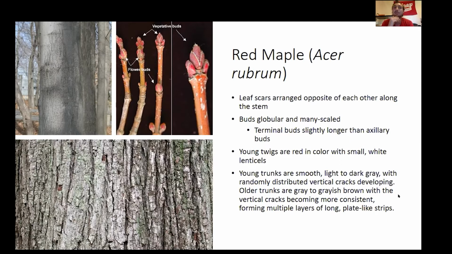For example, if we're talking about a horse chestnut, the terminal bud will always consist of leaf and flower features. In most cases, like in our eastern redbud, there are separate flower and leaf buds. And for the redbud, the flower buds can be either terminal or axillary, mostly axillary, but usually they're separate.